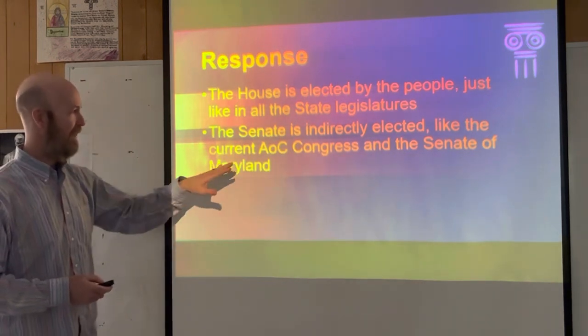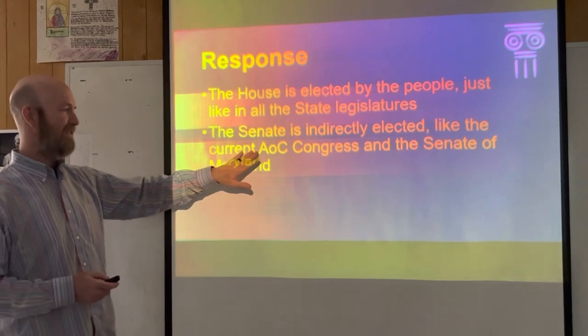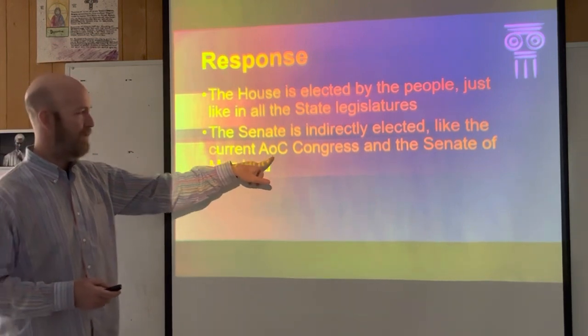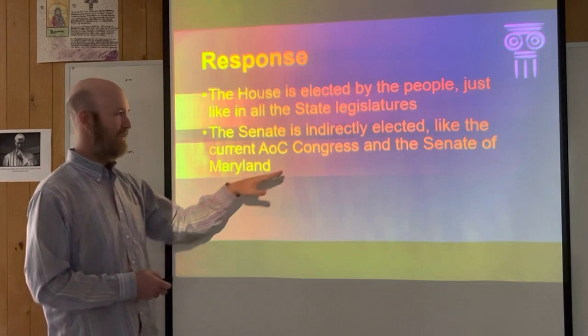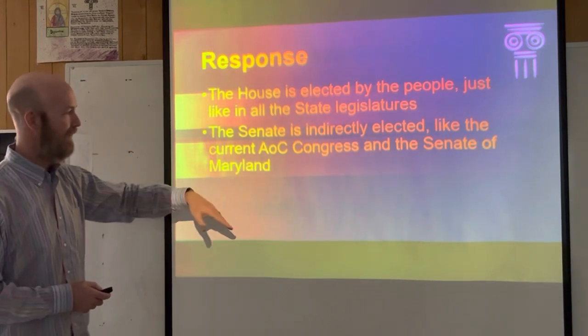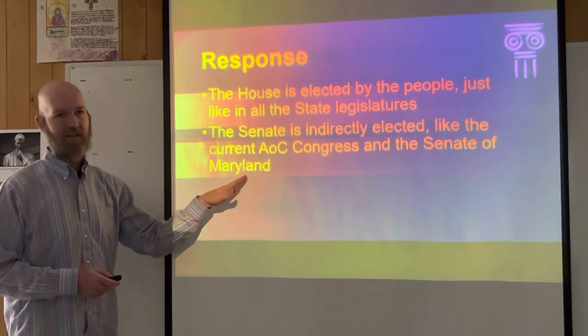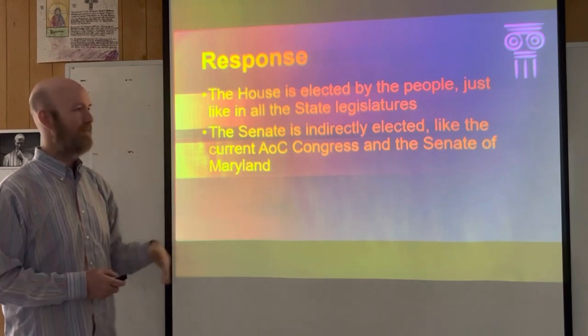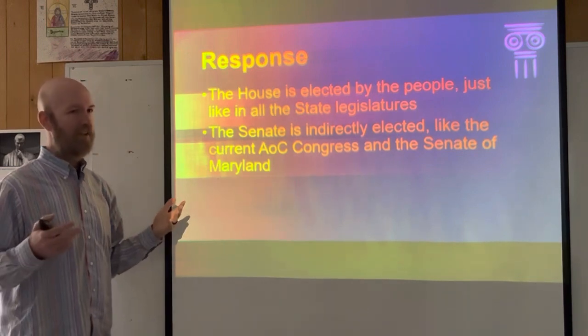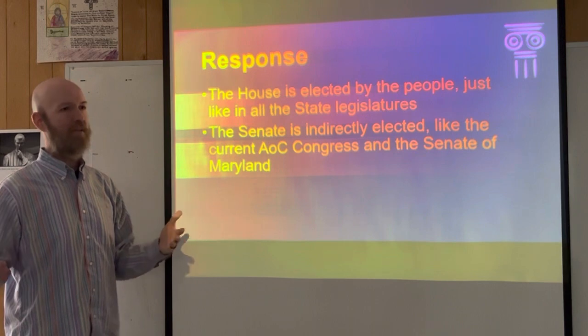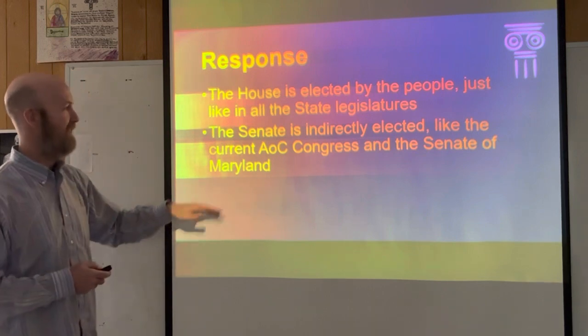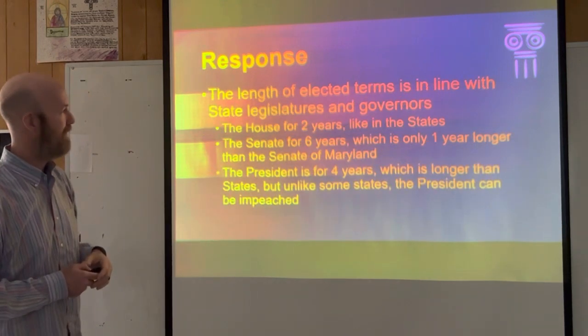They argued that it's indirect, just like the current Articles of Confederation that they were trying to replace. The Congress there was done the same way. And they point out the Senate of Maryland was elected the same way. So they say again, unless you're going to say Maryland isn't really a good system, then you can't say the Constitution isn't a good system.